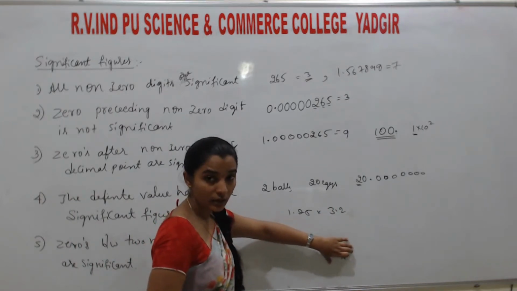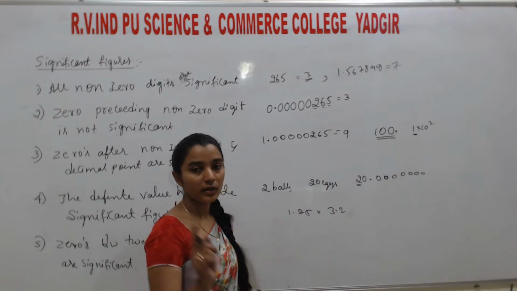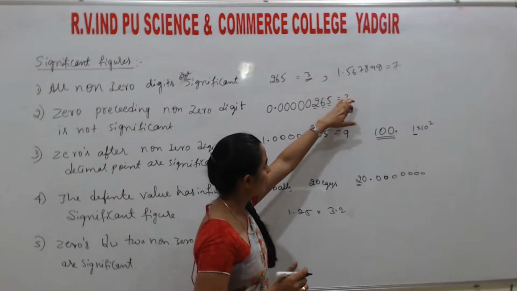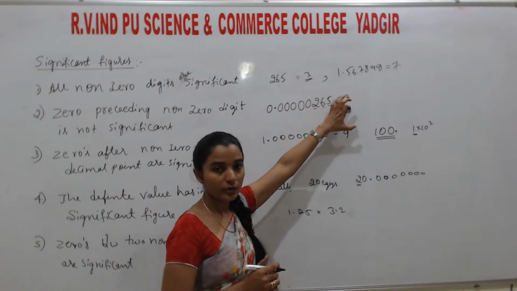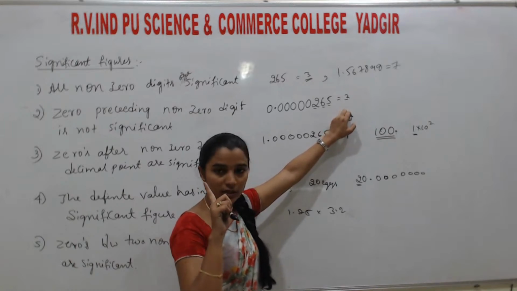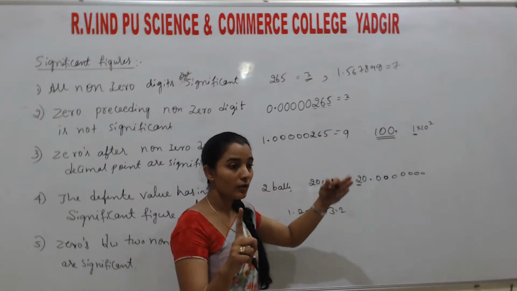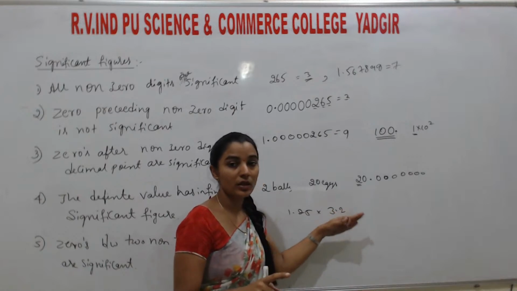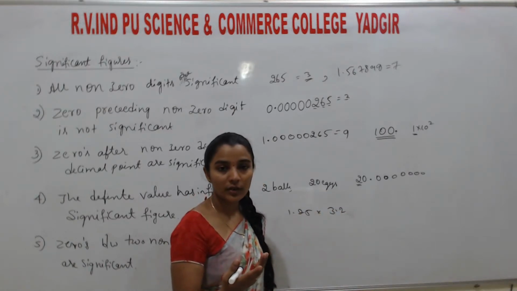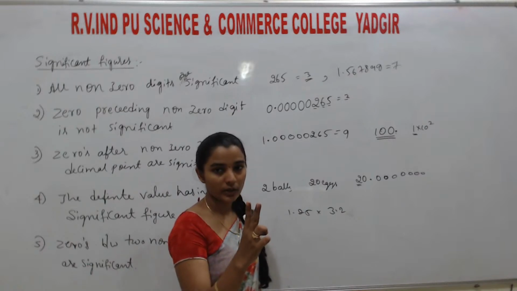In that answer, how many significant figures are there, you have to calculate. That is for 2 marks. If they give this type of any one number and tell you to write the significant figures, that is a 1 mark question. If they give multiplication or subtraction or addition, anything, so in that answer, how many significant figures are there? That is for 2 marks.